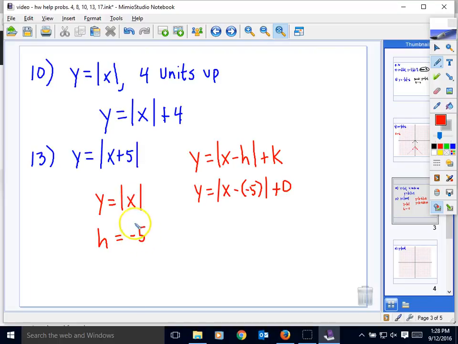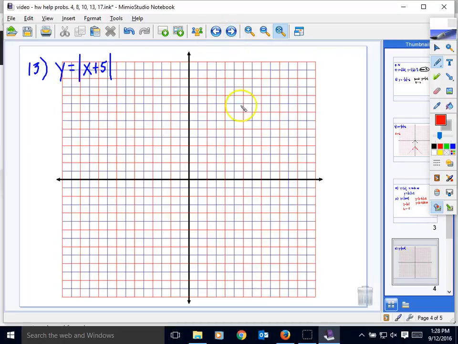All right, so we've identified the parent, we've identified the value of h, and now let's graph it by translating the parent. So here's the parent, and here is the translation of the parent. With h being -5, that means we're moving 5 places to the left.